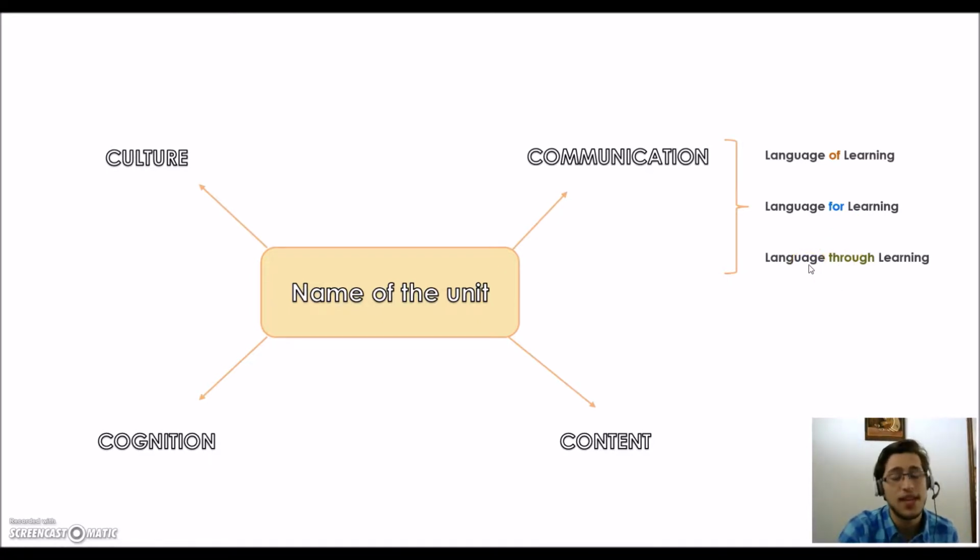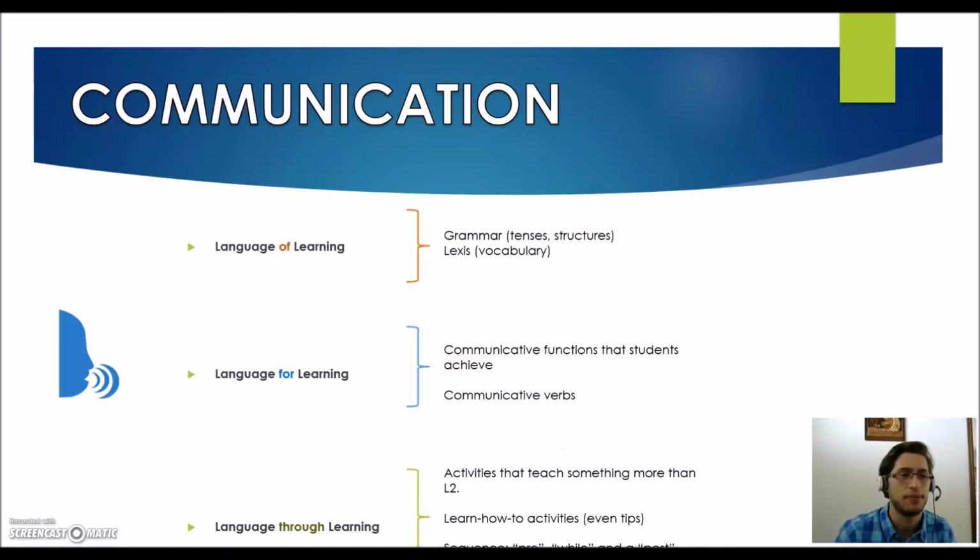It's very important to mention that they sound very similar and very close to each other, but they are actually different. And let's go deeper into them. Communication is everything related to language, everything that is going to be related to English in this case, because we are teaching English. So, what is the difference among language of learning, language for learning, and language through learning?